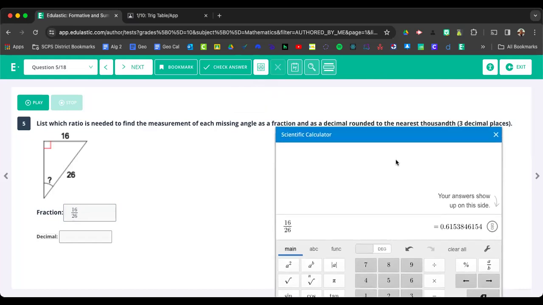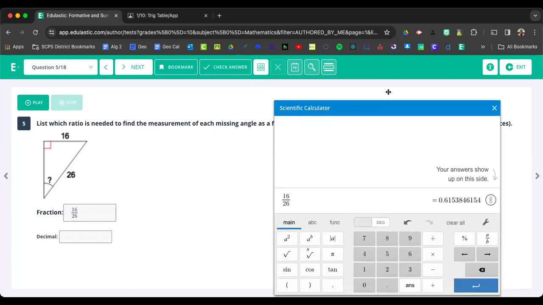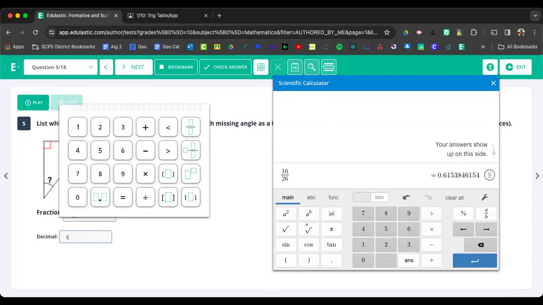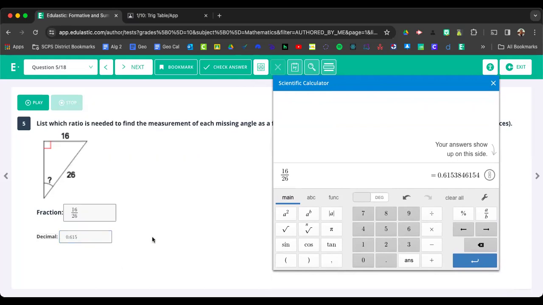It says to round to the nearest thousandth, aka 3 decimal places. So I have 0.615, and then the next digit is a 3. Since that is less than 5, I'm going to round down. So it's going to be 0.615, and that is going to be my answer.